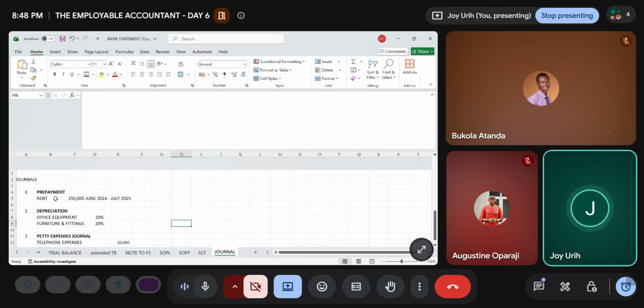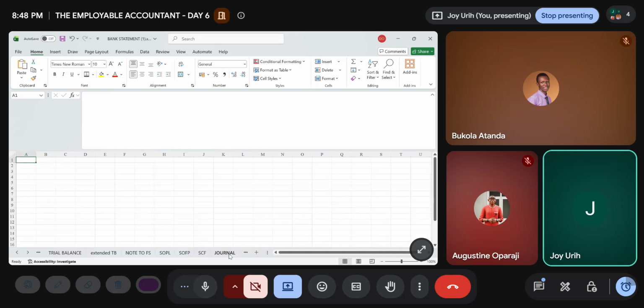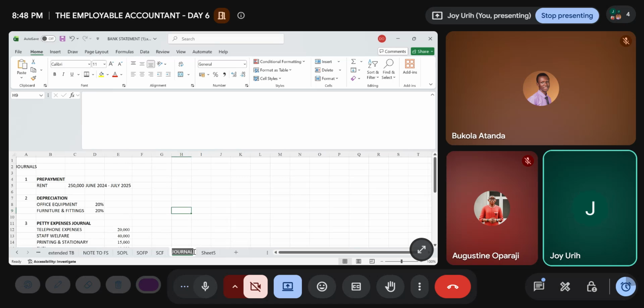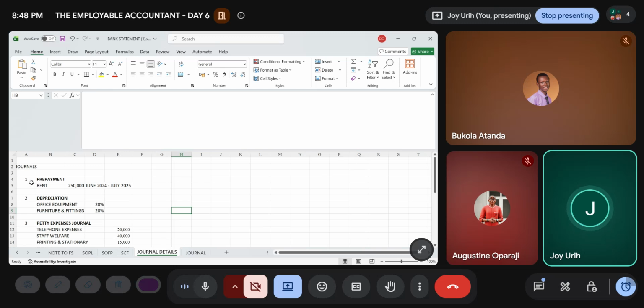So starting with the first one, prepayment. So let me call this journal details. This will be the journal itself. So the first one we have there is prepayment.